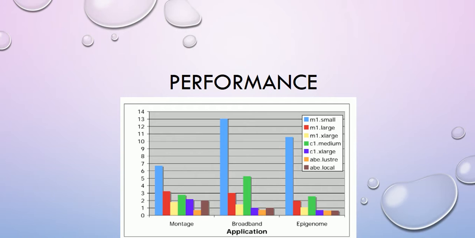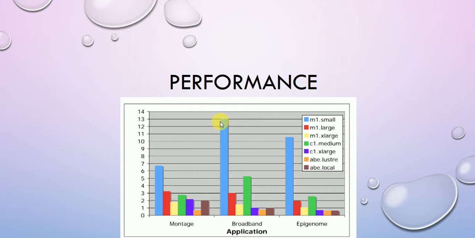Now in Broadband, the best runtime was achieved using the ABE cluster resource type, and the best EC2 runtime was achieved using the C1 Xlarge resource type. Can you see the difference between these two? Broadband performed the worst on M1 small and C1 medium.